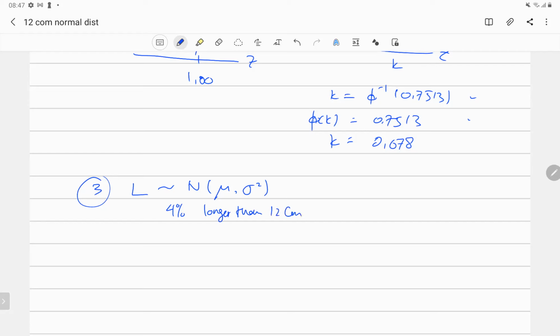And they say 32% are longer than 9 centimeters. Mathematically, the probability that the length is bigger than 9 centimeters is 0.320.